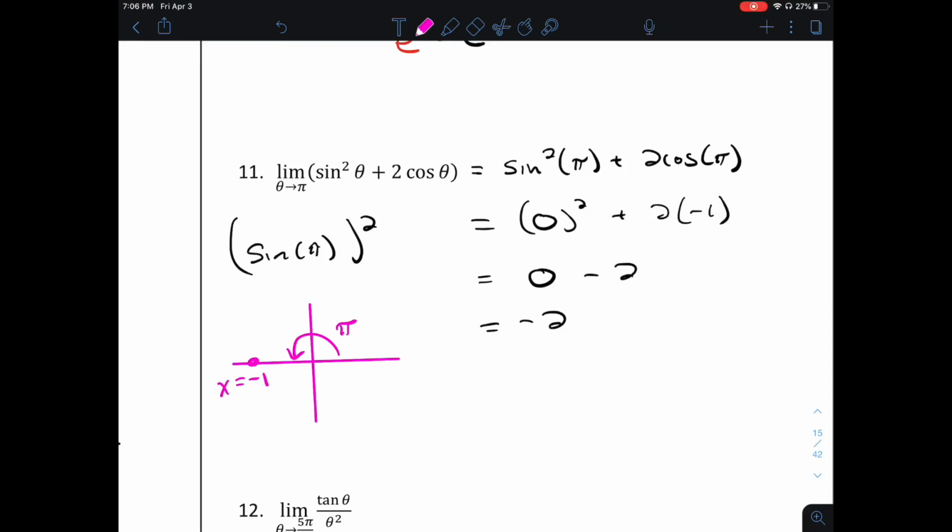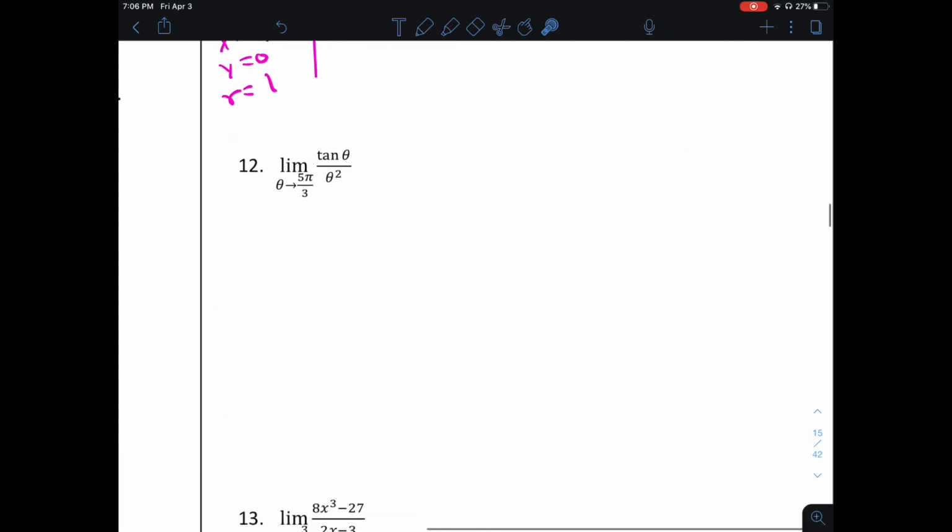Over here, let's say x is -1. You could choose any x value you want as long as it's negative. y has to be 0. We didn't go up or down. r is the same value as x, but it has to always be positive. So sine, which is y over r, 0 over 1 is 0. Cosine of pi is x over r, that's -1 over 1. That's why that's -1.